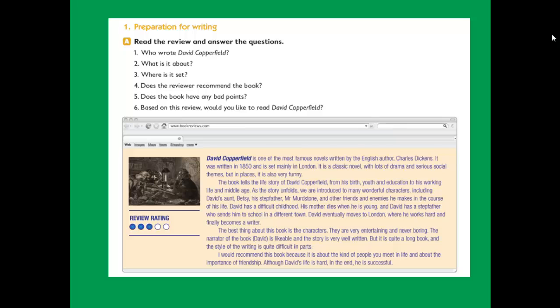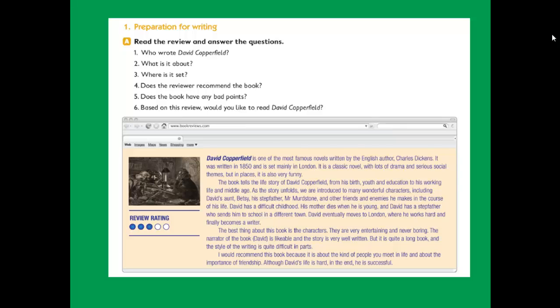Number 2, what is it about? What is this novel about? It's about the life of a man called David Copperfield.